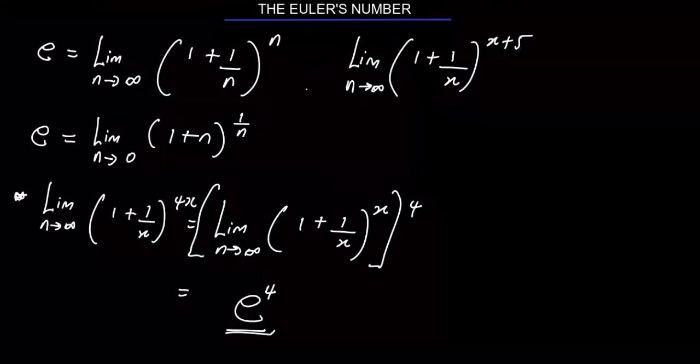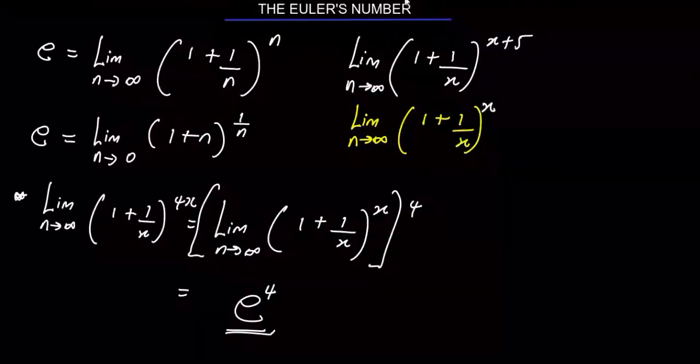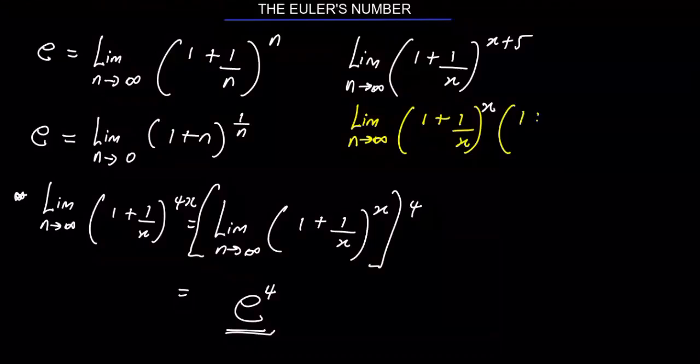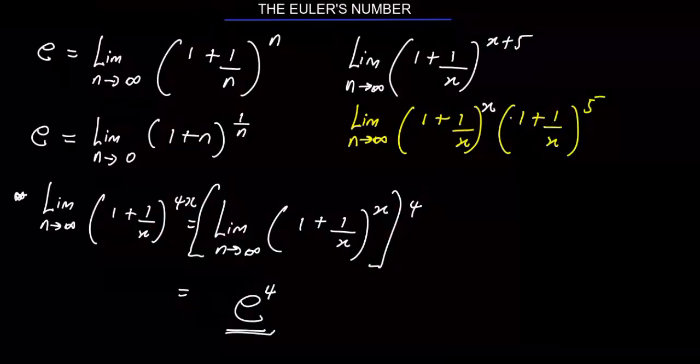Did you know that I can still rewrite this as the limit as n tends to infinity of 1 plus 1 over x raised to power x, then multiplied by 1 plus 1 over x raised to power 5. Can we still remember this certain law called law of indices?